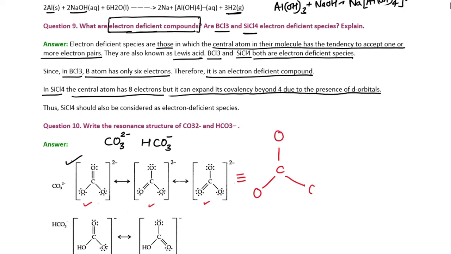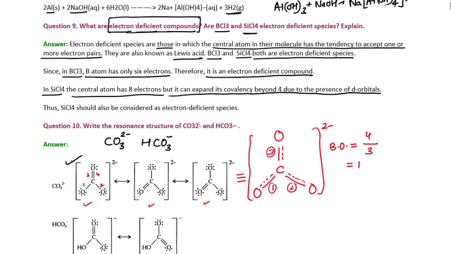And resonance hybrid you can write after writing these structures, when there is partial double bond character. So bond order is equal to, how many bonds are between C and O? 1, 2, 3, 4. Total number of bonds divided by total number of positions. How many positions are there? 1, 2, 3.